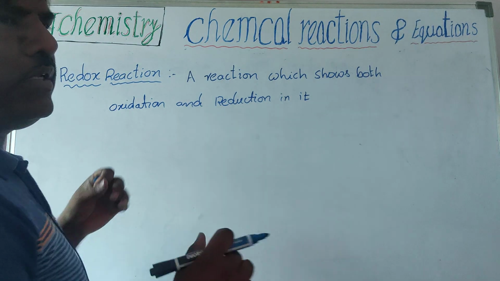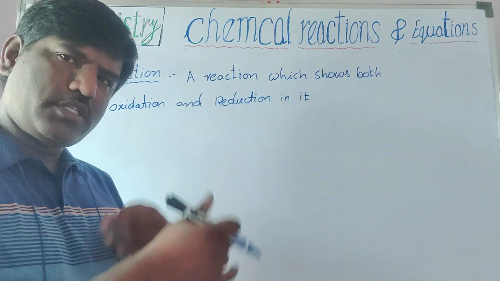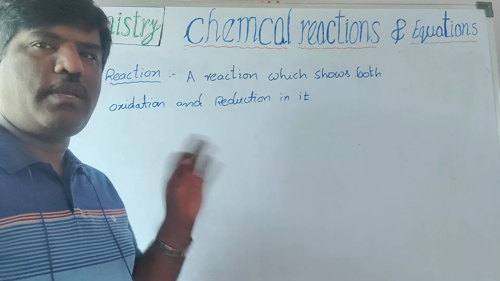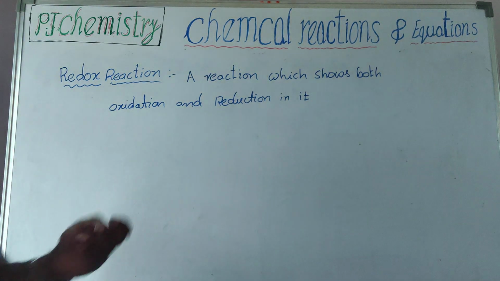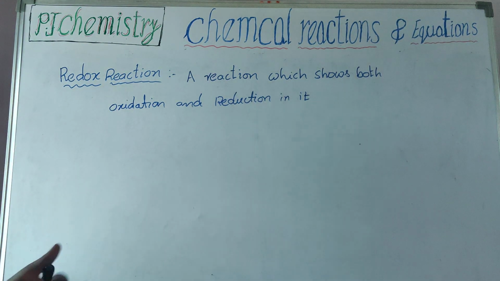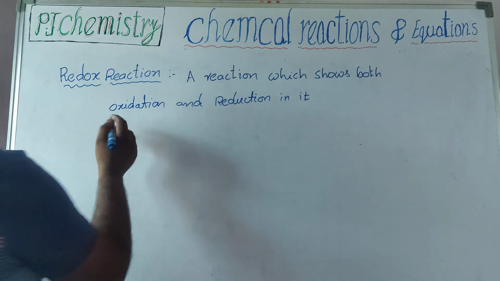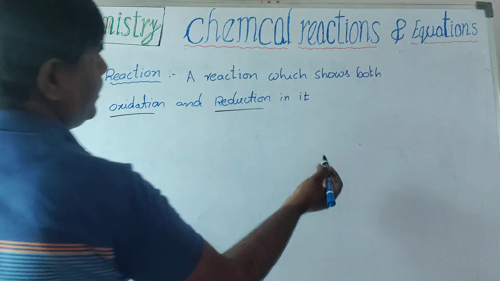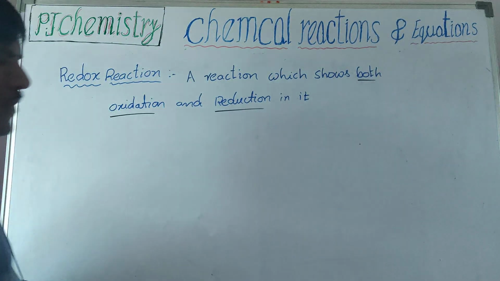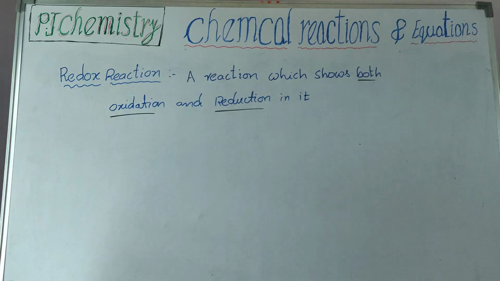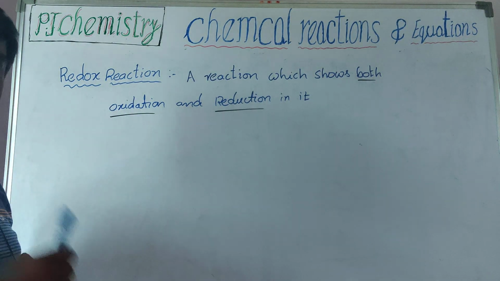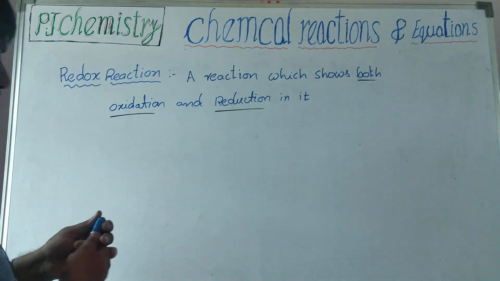Okay, the same reaction can show both oxidation as well as reduction. Such types of reactions we call redox reactions. Both oxidation and reduction together are called redox reaction. Now we will go through the examples.